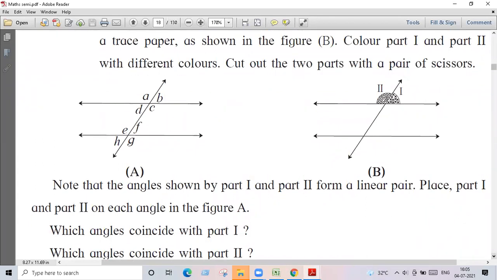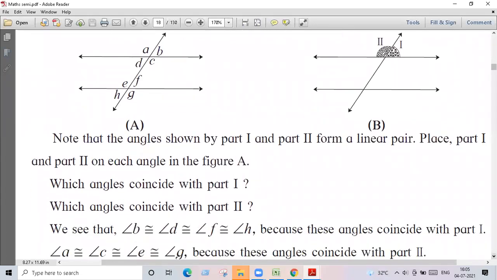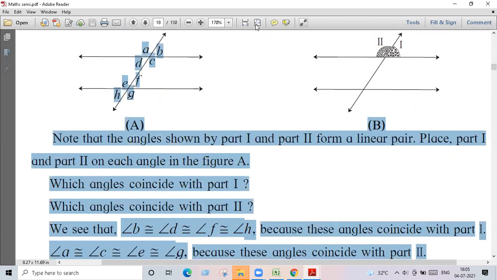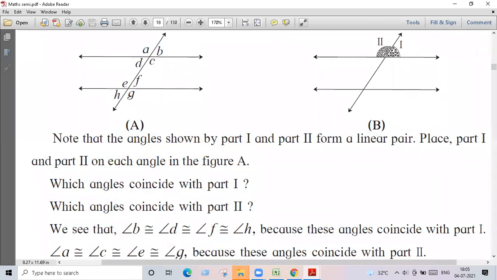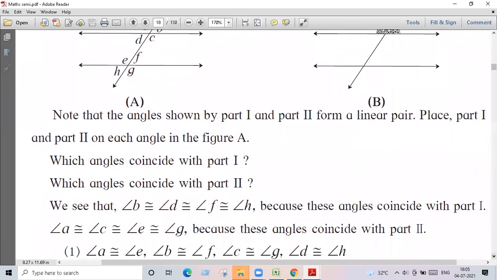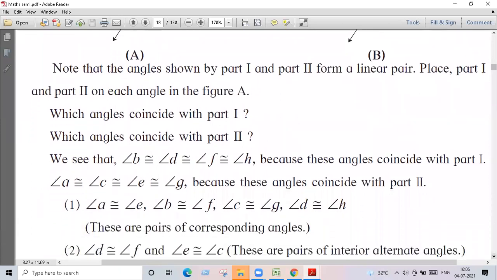We have already seen that eight angles are formed here. So let's see the property and what are the angles here.